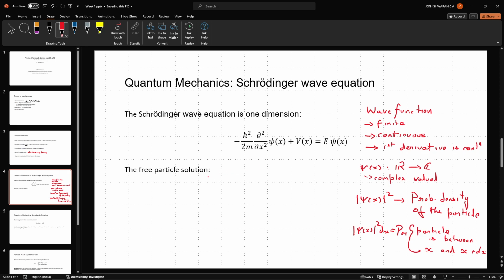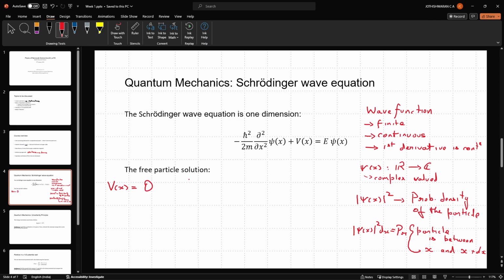So first and foremost, we shall consider the free particle solution. This kind of gives us an idea of what kind of a function this wave function will be. What do we mean when we say we are considering the free particle solution? We mean that v of x is equal to 0 for all x.